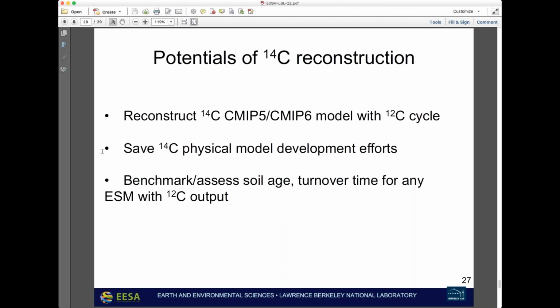We can just save the developmental efforts and use the mathematical reconstruction, and it works perfectly well. Also, we can make use of the radiocarbon benchmark data sets and assess the soil age and turnover time more accurately between the model and the data. And given the fast-growing 14C database, I think this approach will contribute to that very well.